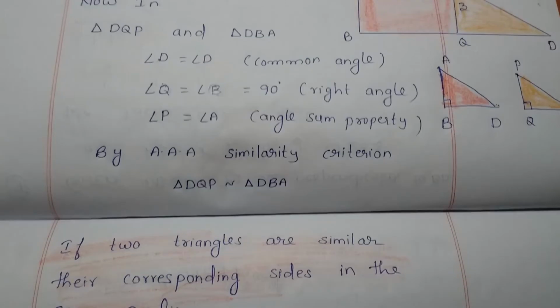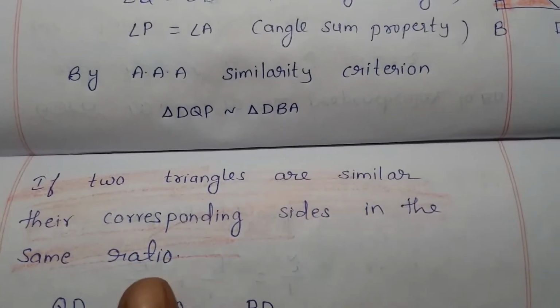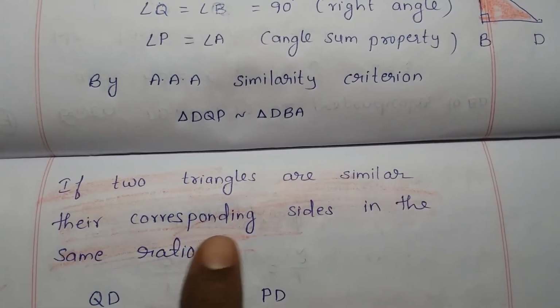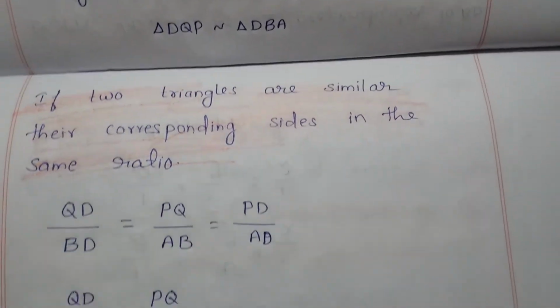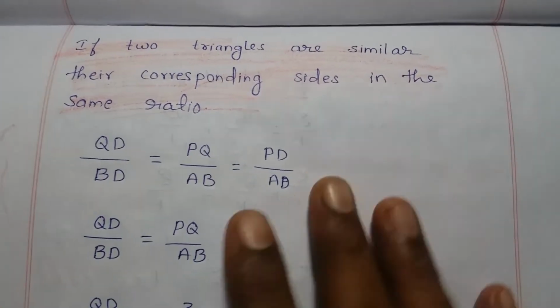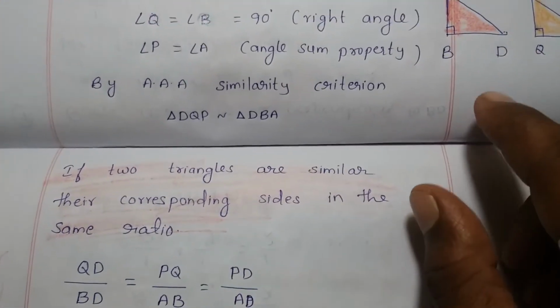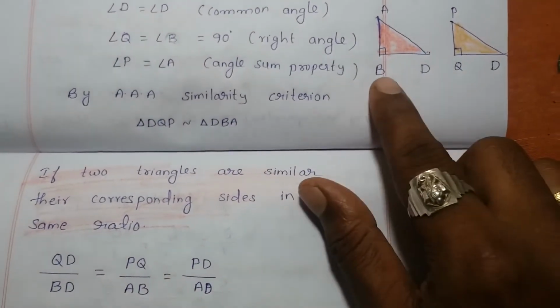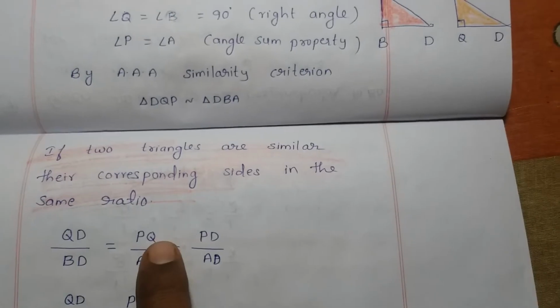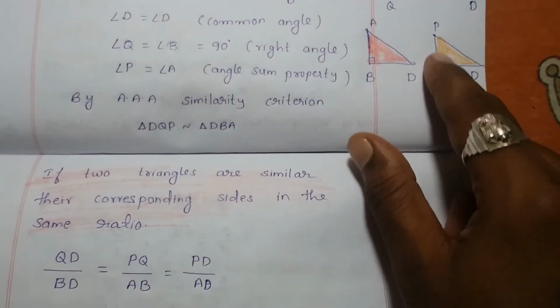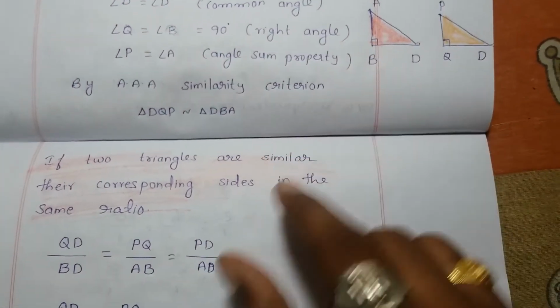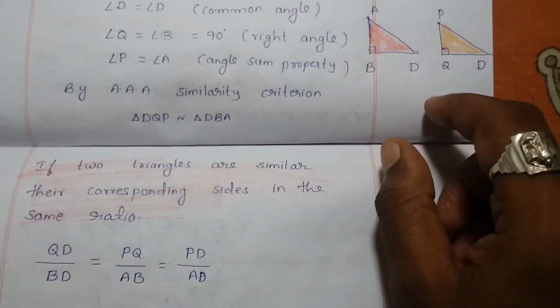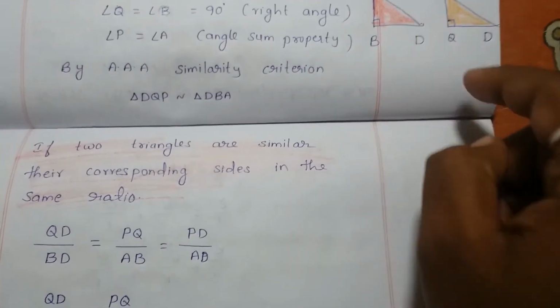From here, if two triangles are similar, we know that their corresponding sides are in the same ratio. So corresponding sides QD by BD equal to PQ by AB equal to PD by AD.